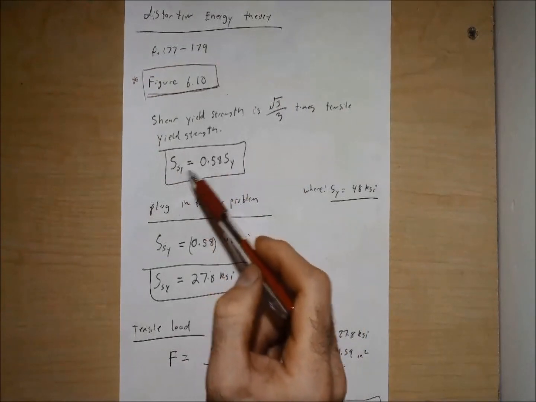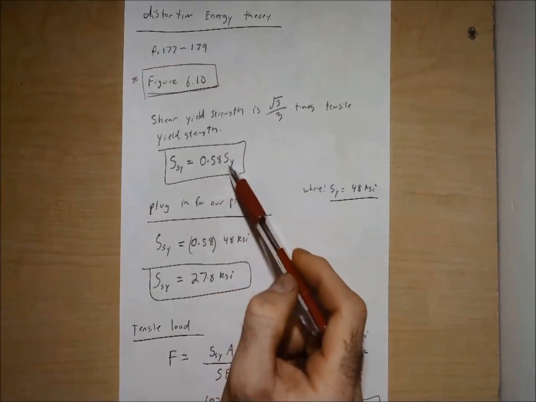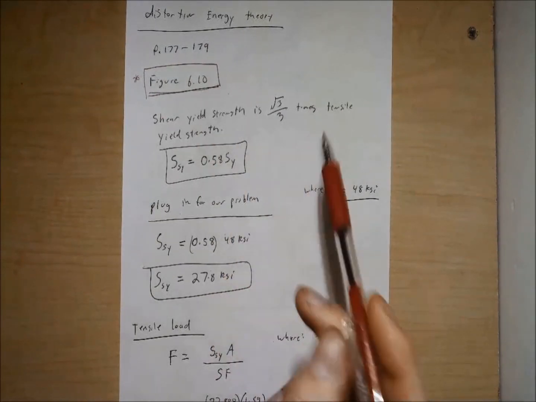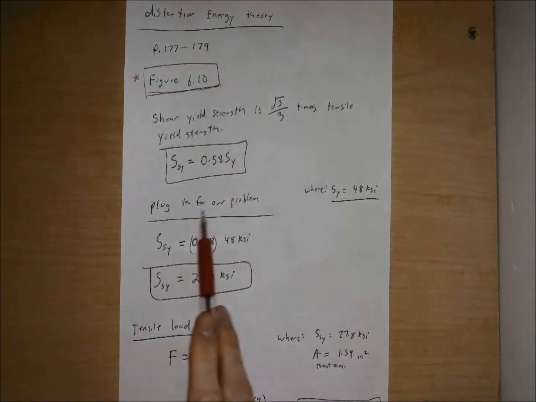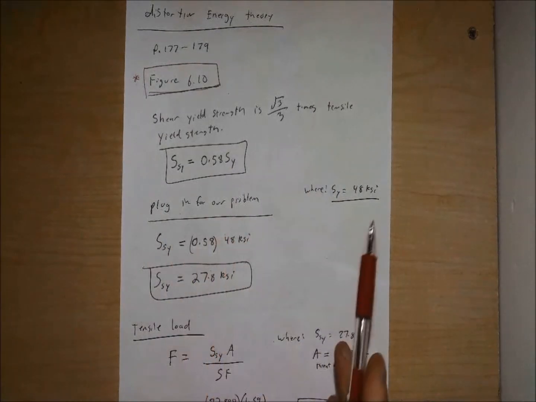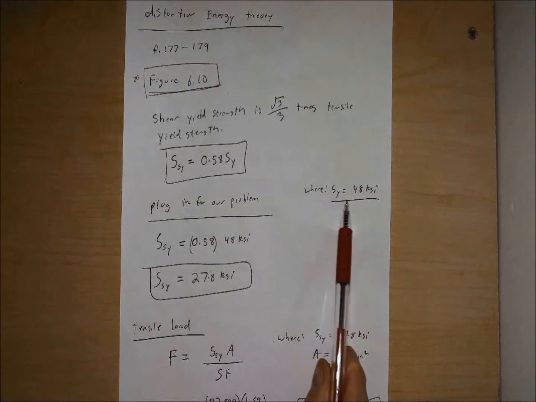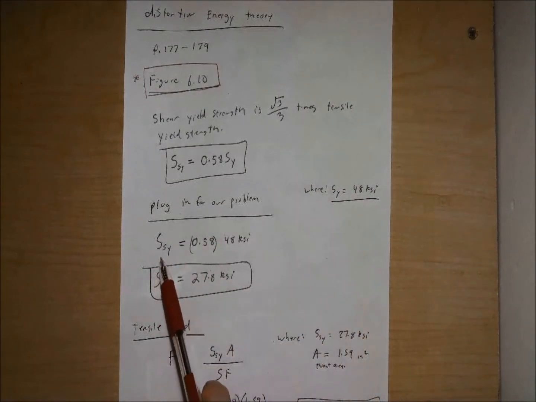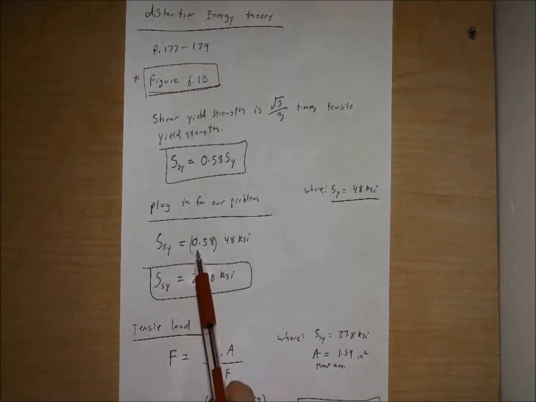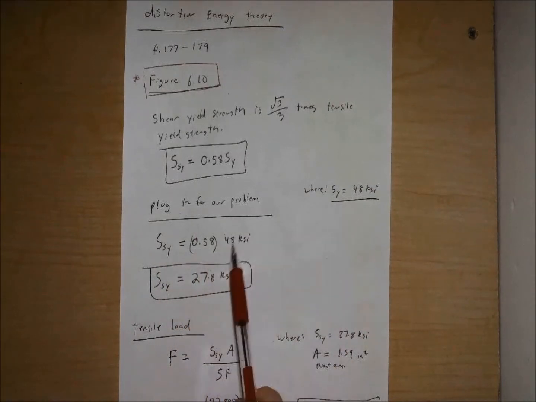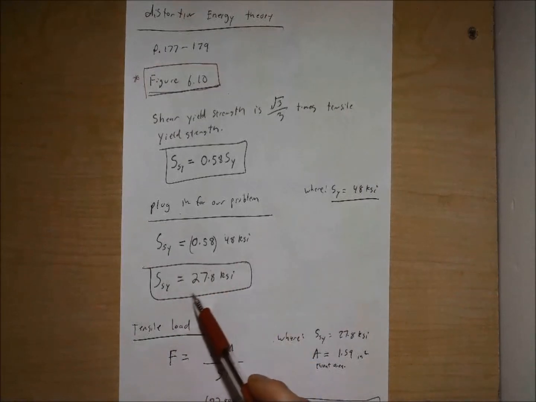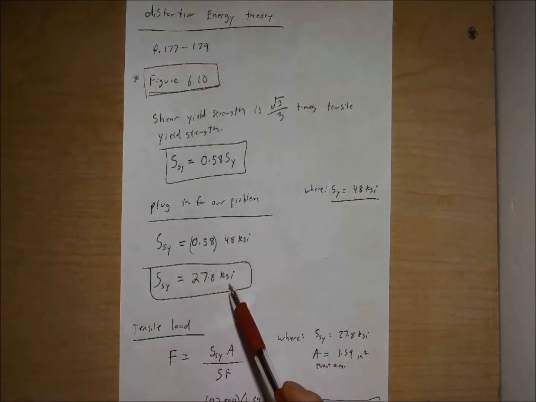So SSY is equal to 0.58 times SY, to get our shear yield strength from our tensile yield strength. Plugging this in for our problem, where we already calculated our SY earlier as 48 KSI, our shear yield strength is equal to 0.58 times 48 KSI. So our shear yield strength is equal to 27.8 KSI.